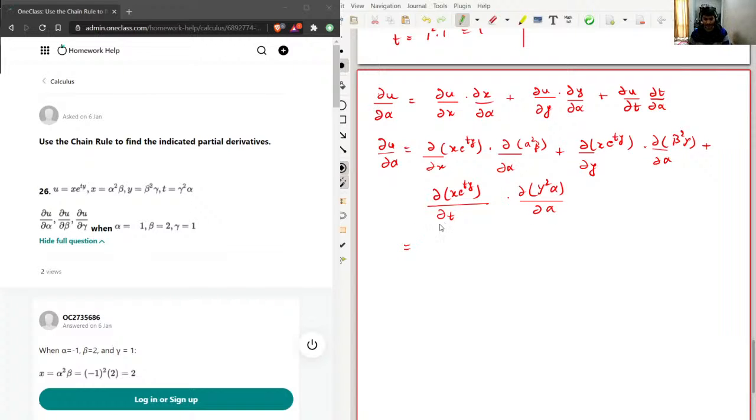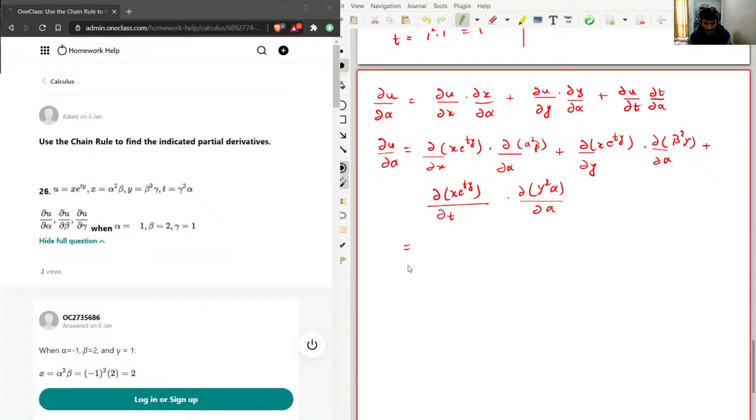So now let's calculate. In partial derivatives, in the case of this one, we'll differentiate with respect to x and keep all the other variables as constants. So here x is the variable and e power ty will be a constant term.